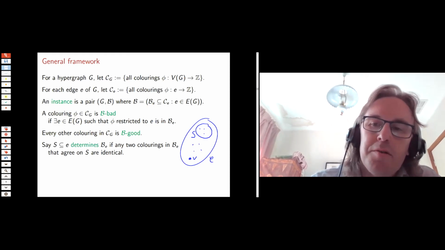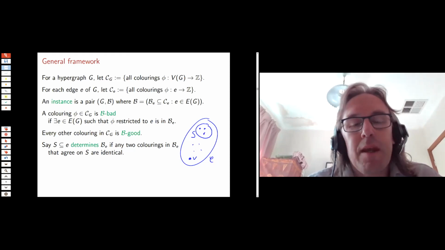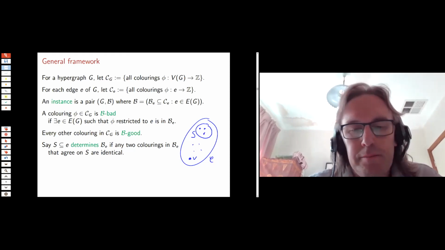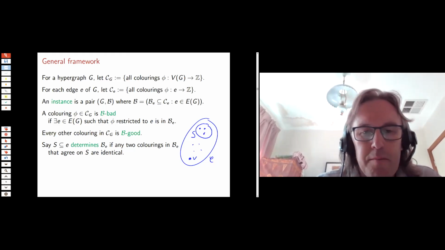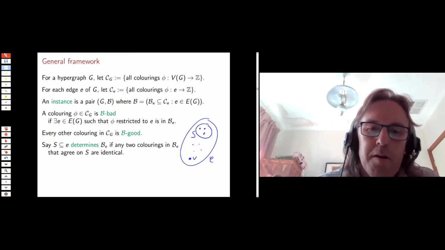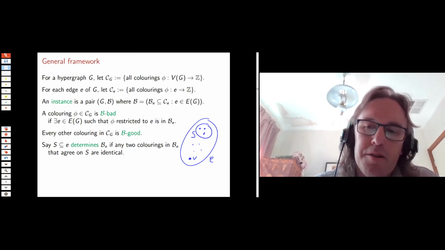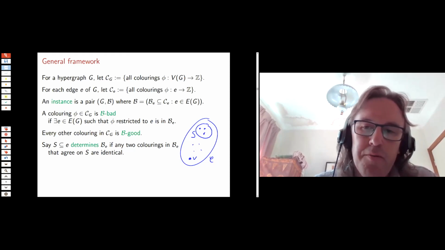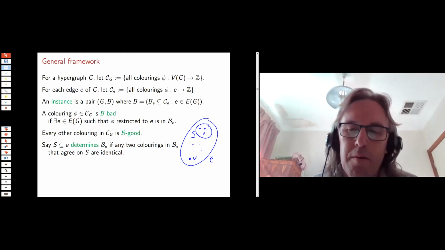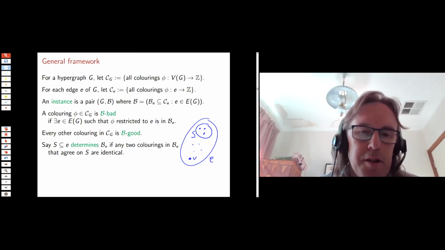So that's a natural notion of when a subset of an edge determines these bad colorings. And this idea was in the previous proof where that vertex W determined the bad colorings for an edge, because the bad colorings in the previous proof were monochromatic colorings. So as soon as you color one vertex, you've forced the coloring of the other vertices. But this notion now generalizes that idea.